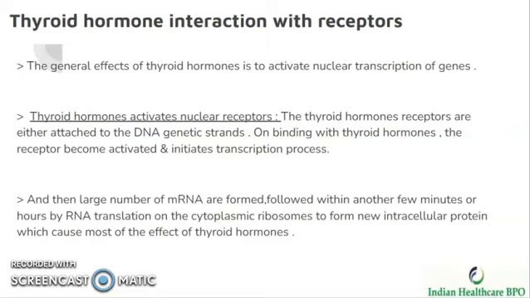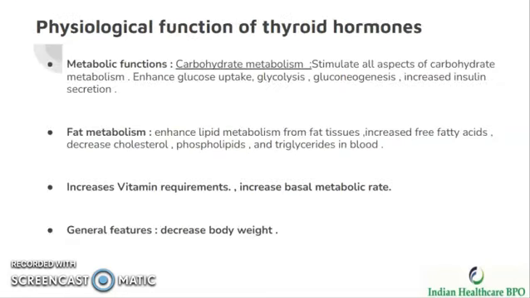Then a large number of mRNA are formed, followed within a few minutes or hours by RNA translation on the cytoplasmic ribosome to form new intracellular protein, which causes most of the effects of the thyroid hormones.